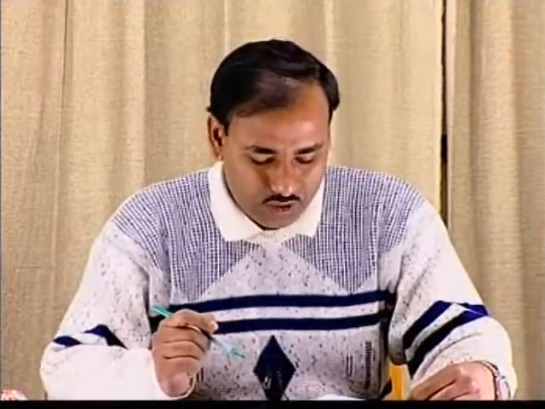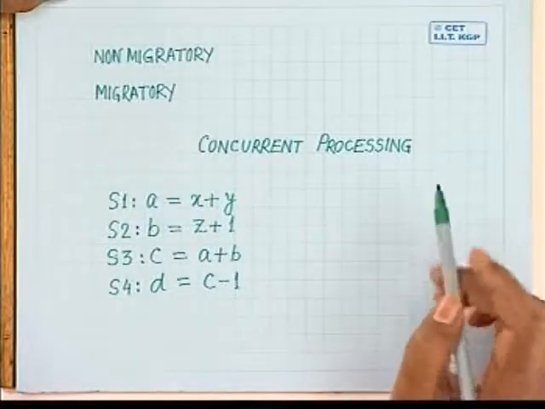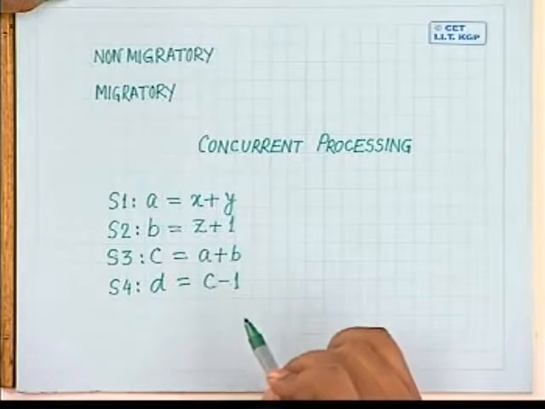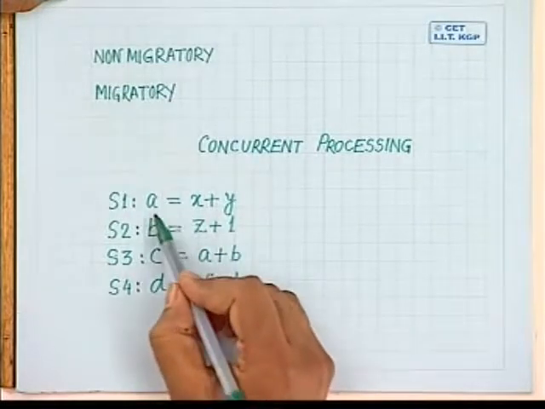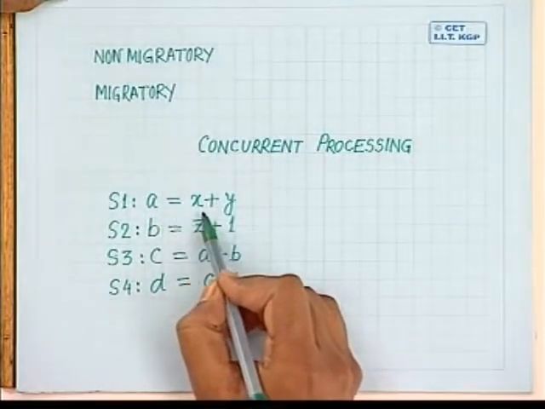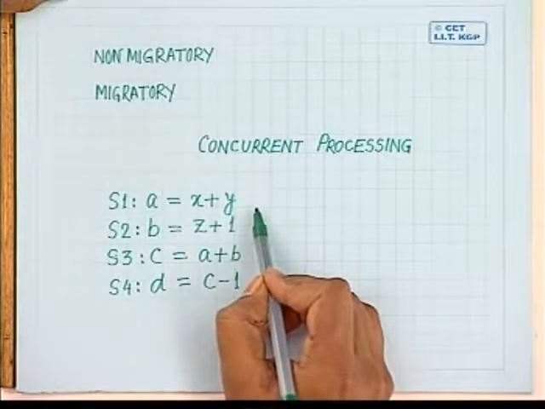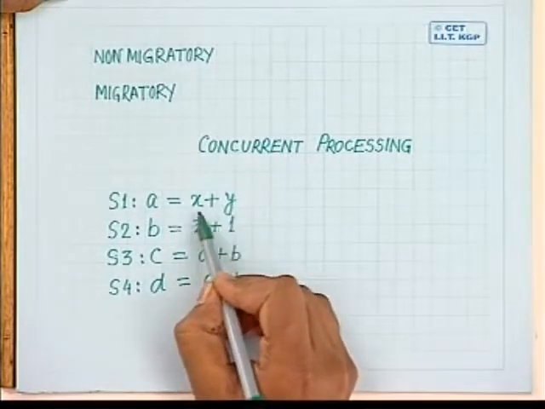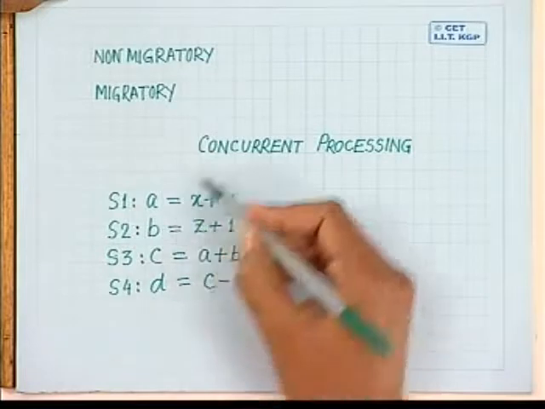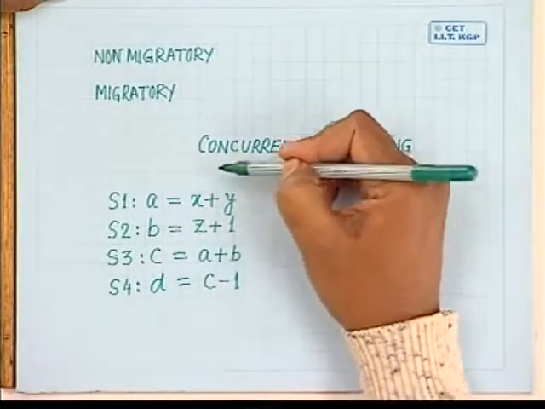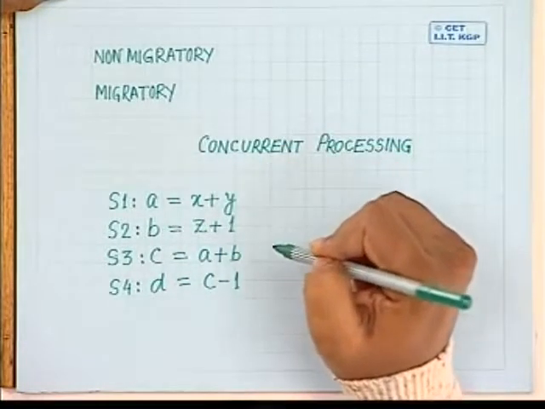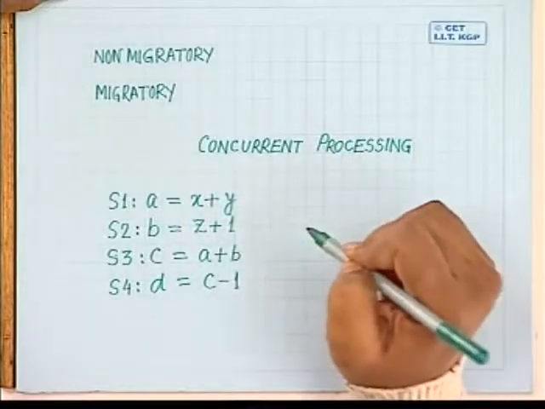Now, if you study all these four statements, S1, S2, S3, and S4, for statement number 1, which is A equal to X plus Y, this X plus Y does not depend upon any previous statement. That means X and Y are not generated by any previous statement.